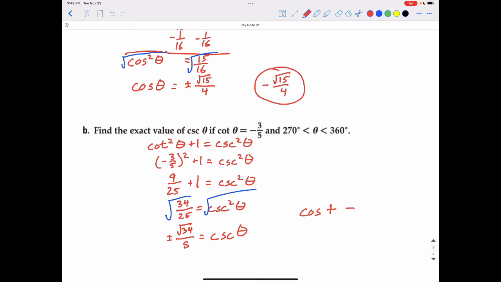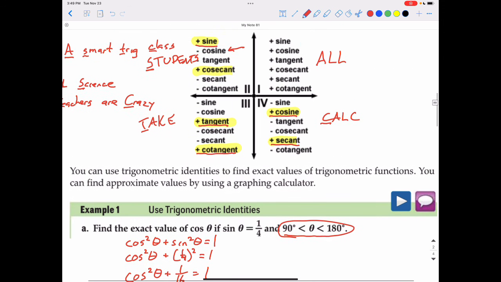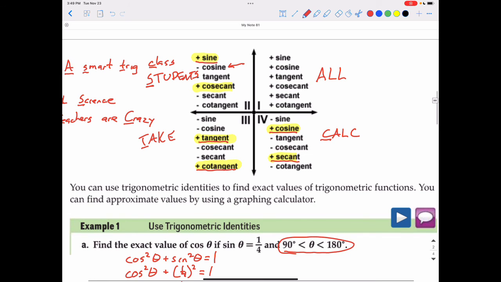And it's related to the secant function, but this is cosecant. So cosecant is actually negative in that quadrant, so I'm not going to use the positive part, I'm going to use the negative part. So it's negative square root of 34 over 5 is the only answer. You can verify this if we go back to the top, and you can see that cosecant is right here, and it is negative in quadrant 4.